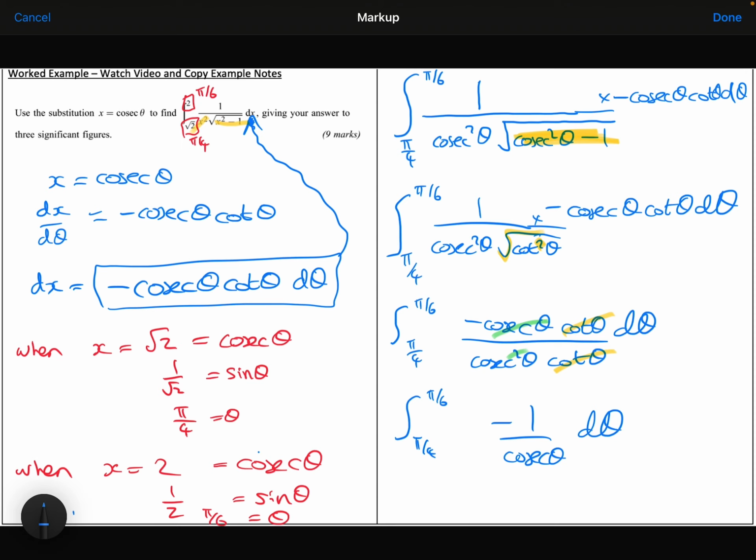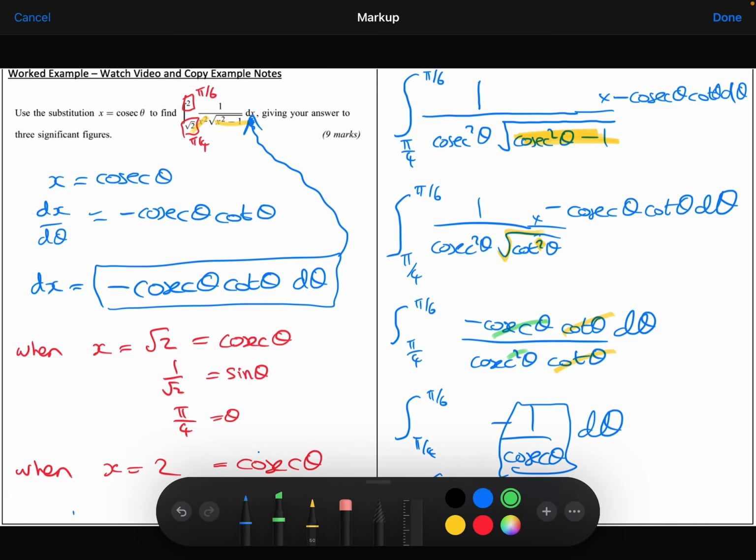Now, 1 over cosec is the same thing as sine. So I can change this 1 over cosec to be sine theta. Whilst I'm at it, I'm going to take that minus and use it to swap these limits around, just to make my life a little bit easier.